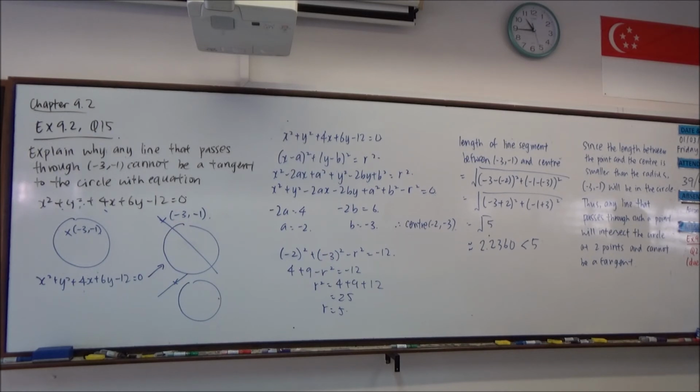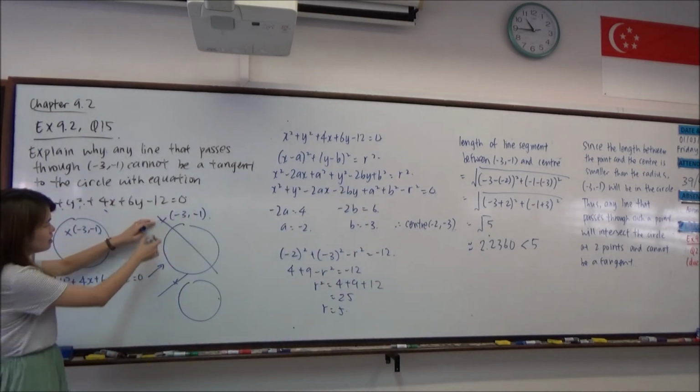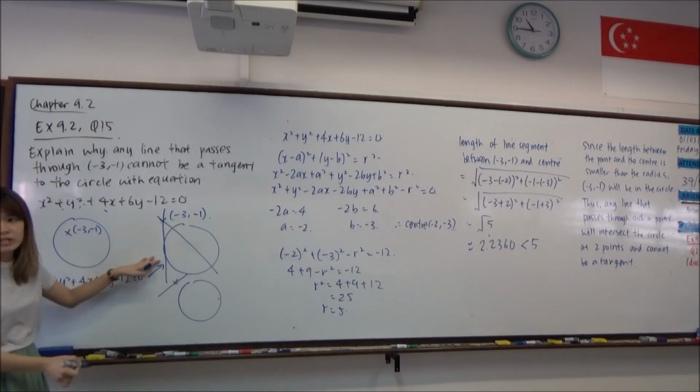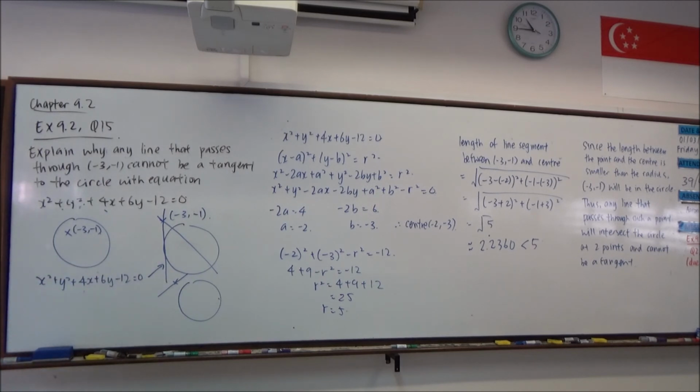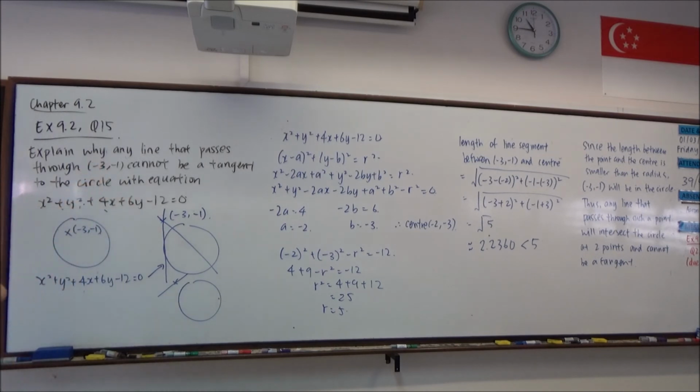If it were to be outside the circle, then we would not be able to say it cannot be a tangent, because I can always draw a line from that point such that it will be a tangent to the circle, right? So that possibility will definitely happen. Correct? So if the point were outside the circle, this case would not hold, because definitely I will be able to draw a line orientation such that it is a tangent.